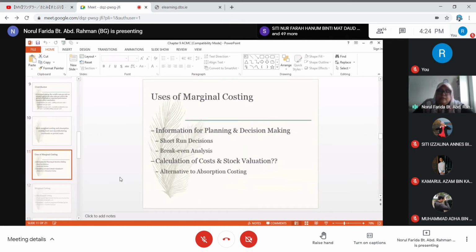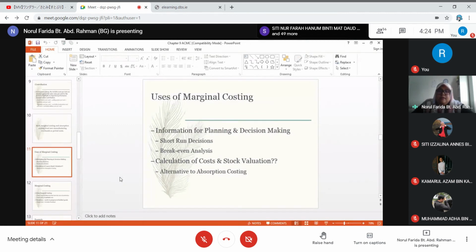Alright. So you can see uses of marginal costing, information for planning and decision making, for you to make a short run decision and for you to calculate break even and analysis. Okay, because again variable cost adalah relevant cost.